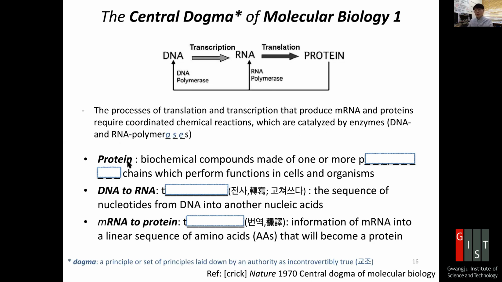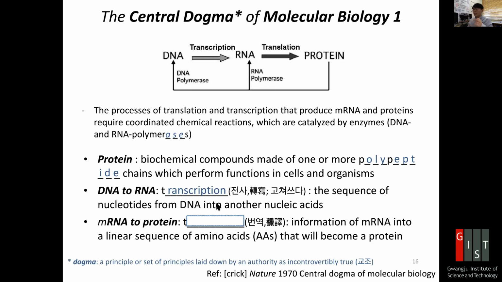So in a nutshell, a protein is a biochemical compound made of one or more polypeptide chains, which perform functions in cells and organisms. The process of information transfer from DNA to RNA is called transcription, because the sequence of nucleotides from DNA is matched one-to-one into another nucleic acid.